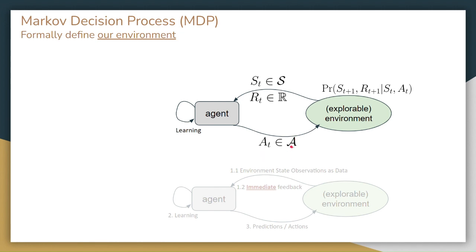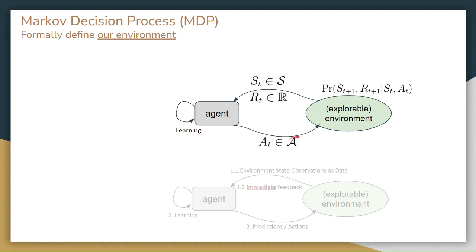You notice that this calligraphy A here has a different font from this A here. They are both capital, but this one is the agent's action at time t, and this one is calligraphy, like a handwritten character. It usually denotes a set. So this is a set notation. It means that the action at time t belongs to the set of all possible actions.